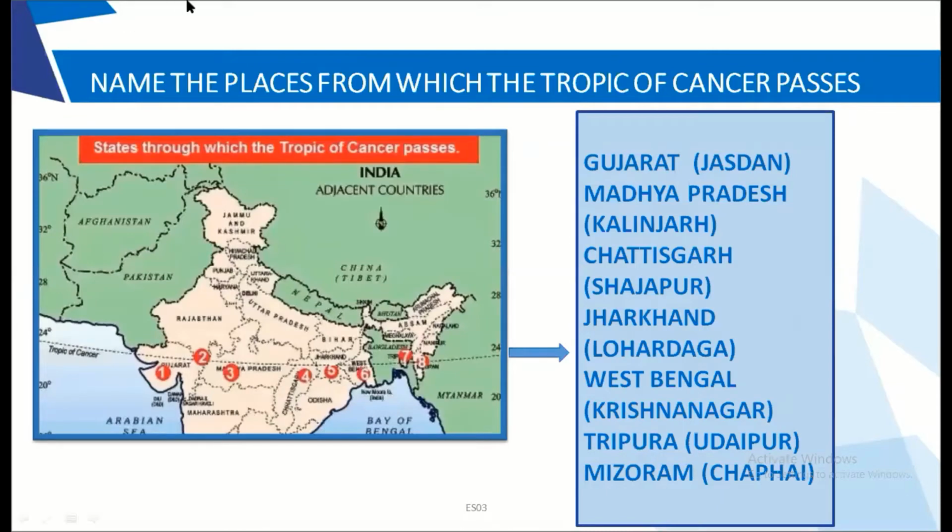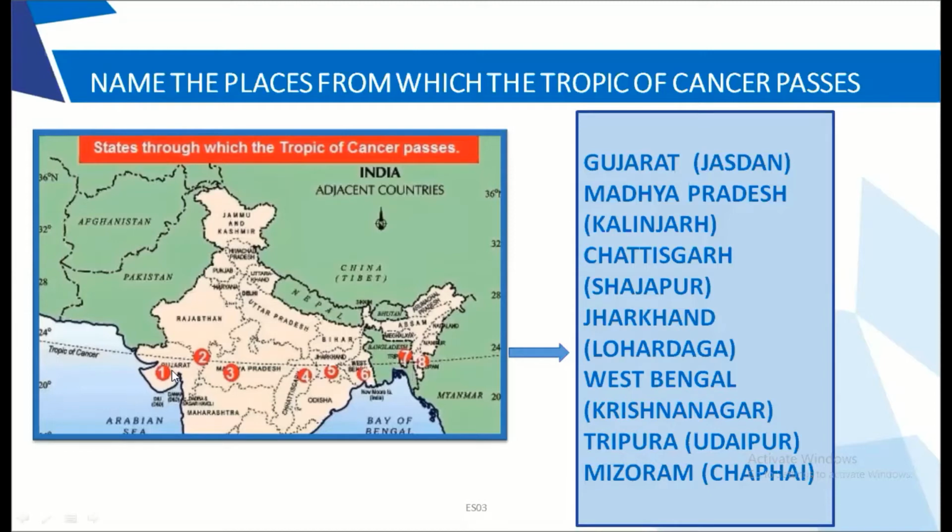Let us see from where the Tropic of Cancer passes. The important states are Gujarat, Madhya Pradesh, Chhattisgarh, Jharkhand, West Bengal, Tripura and Mizoram.